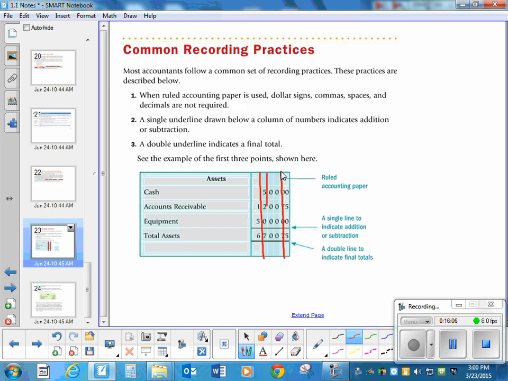And you're going to have white lines in between. The one at the back is for the cents, the ones, the tens, and then the hundreds, and the thousands. You don't need to use dollar signs because the ruled paper indicates that we're going to be using dollars.